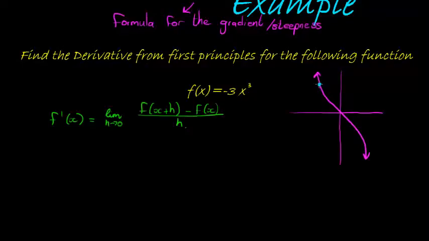For example, at that point the gradient will be different than at, let's say, this point. This gradient is slightly less steep, both downhill but slightly less steep. So it depends on what x value I'm at. For different x values we get different steepnesses or gradients.